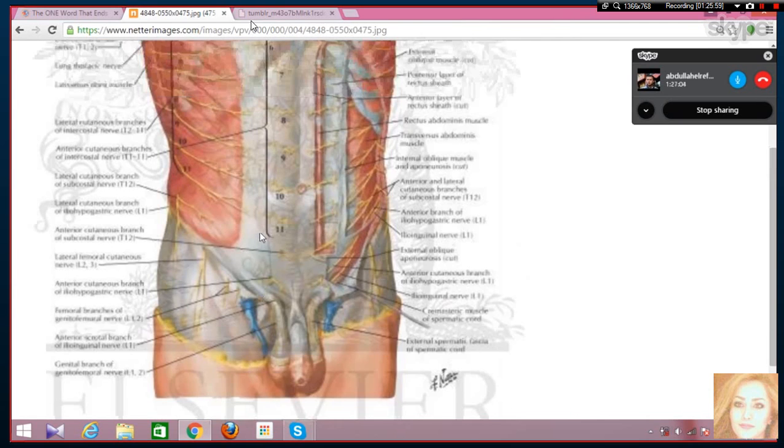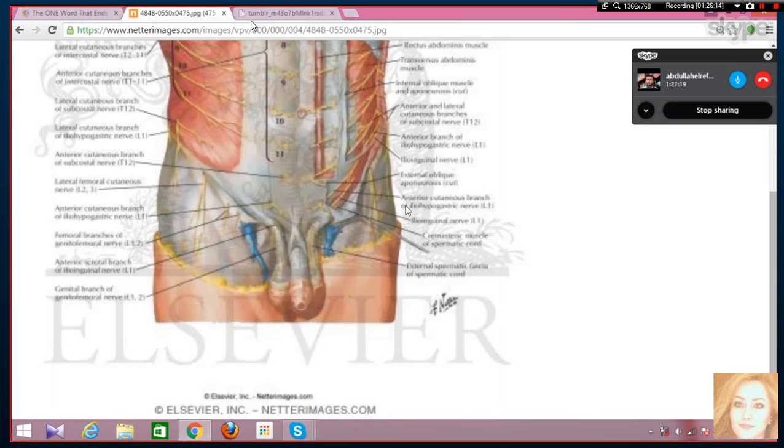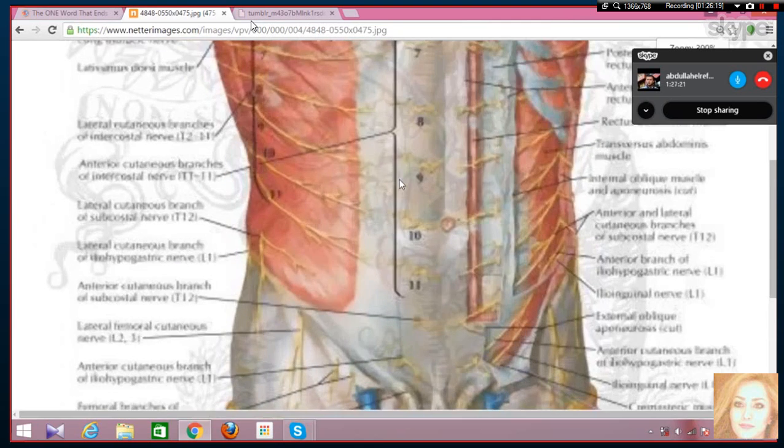We have two other nerves which I'll tell you about later. They're called ilioinguinal and iliohypogastric. Maybe you'll see them next time in the cadaver. They are also nerves of the abdominal wall. We'll say later that you get them from the lumbar plexus. Look, do you see here?